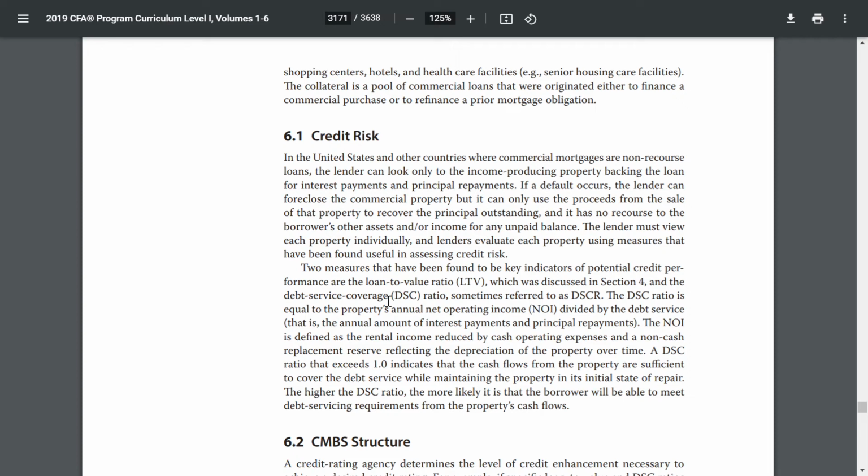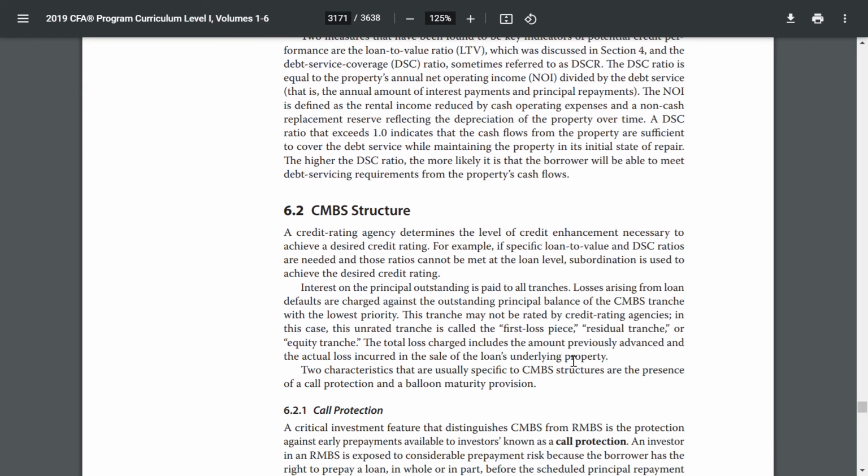If a default occurs, lenders can foreclose on the commercial property, but can only use the proceeds from the sale of the property to recover the principal outstanding, and have no recourse to the borrower's other assets or incomes. For any unpaid balance, the lender must view each property individually, and the lender evaluates each property using measures that have been found useful in assessing credit risk.